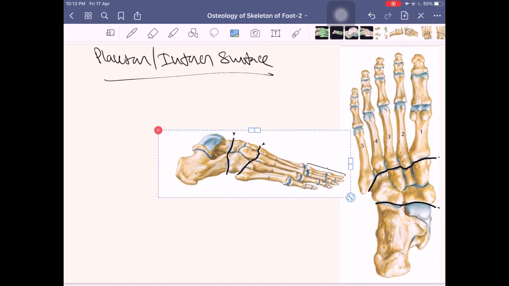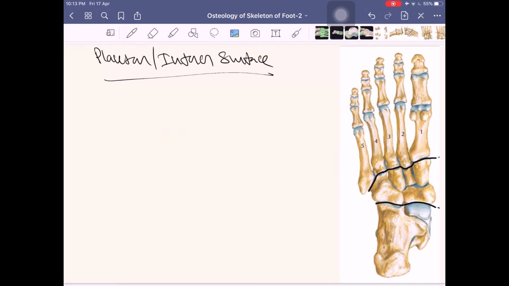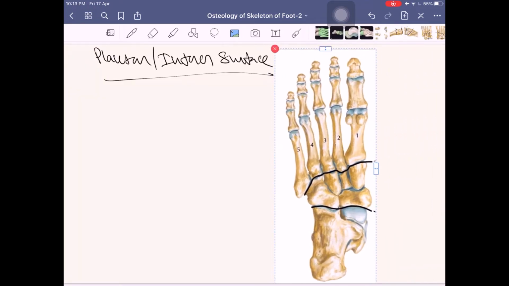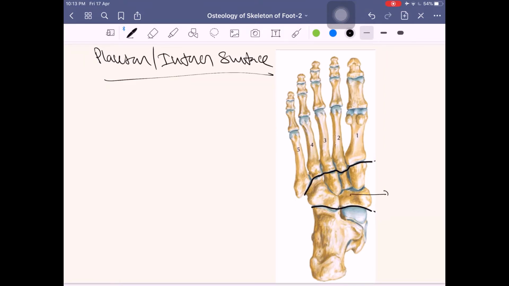Yes, this is your inferior view, and here we will not be able to see, so we'll use only this one. So this is an inferior view. Let us bring the image a little on this side. So this is a plantar surface or inferior surface.